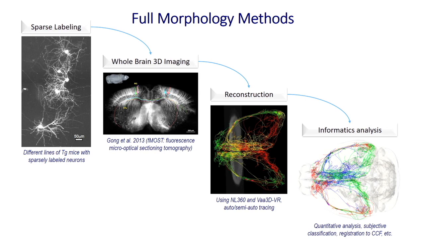Then the single neuron had to be traced from more than 100 serial sections. One neuron tracing may take several months to finish. So it was impossible to carry out any systematic study on any specific type of neuron.